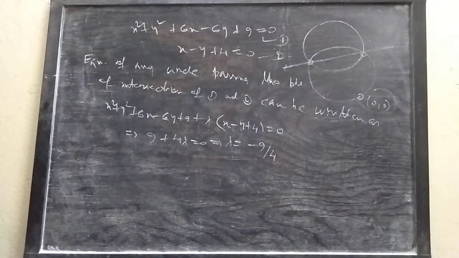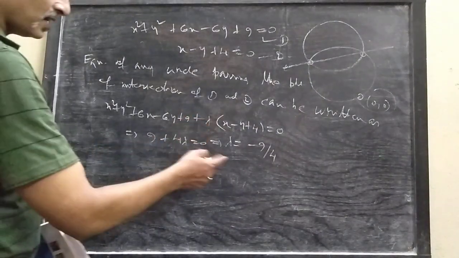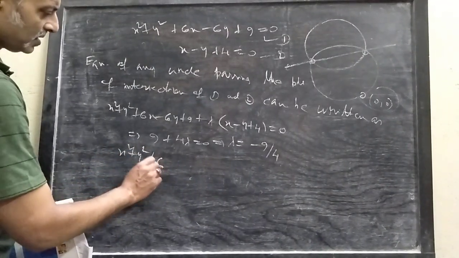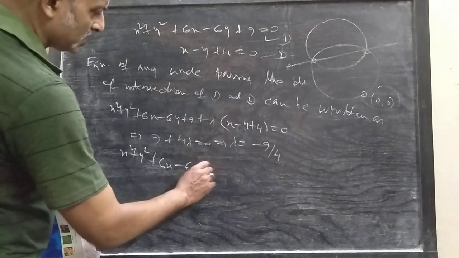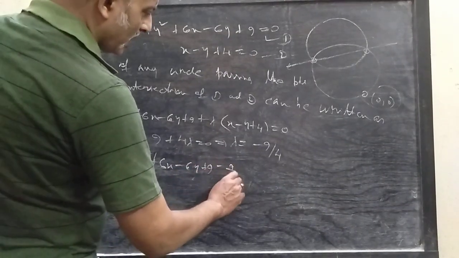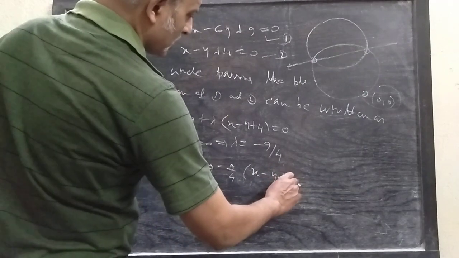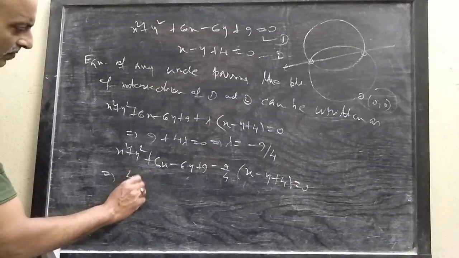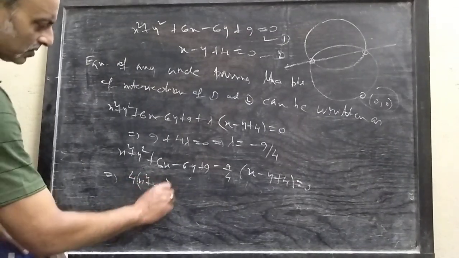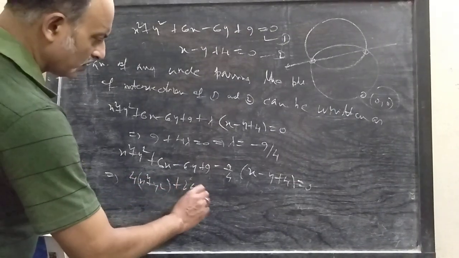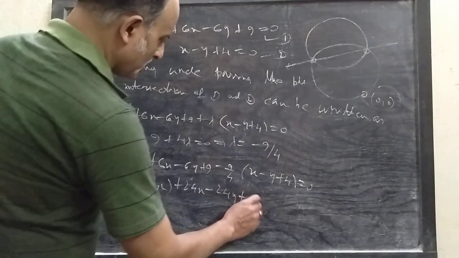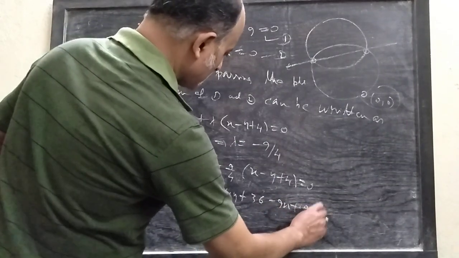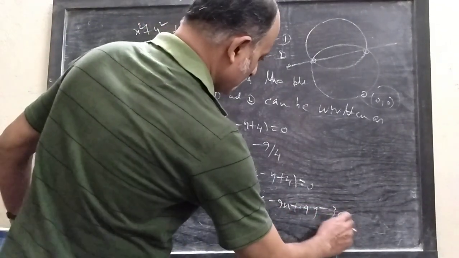Therefore, the equation of the required circle will be: just replace lambda by minus 9 by 4. You will get x square plus y square plus 6x minus 6y plus 9 minus 9 by 4 into x minus y plus 4 equals 0. Multiply both sides by 4, you get 4 into x square plus y square plus 24x minus 24y plus 36 minus 9x plus 9y minus 36 equals 0.